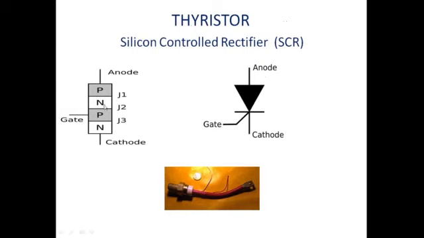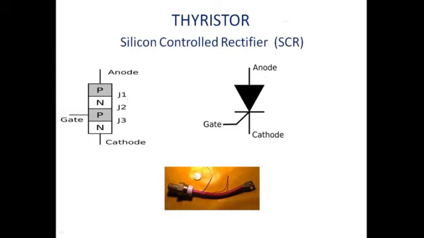J1 is between n and p, J2 is between p and n, and J3 is in between. So 3 junctions exist here, which we call J1, J2 and J3. The upper p-type is called the anode, this is called the cathode, and this is called the gate.